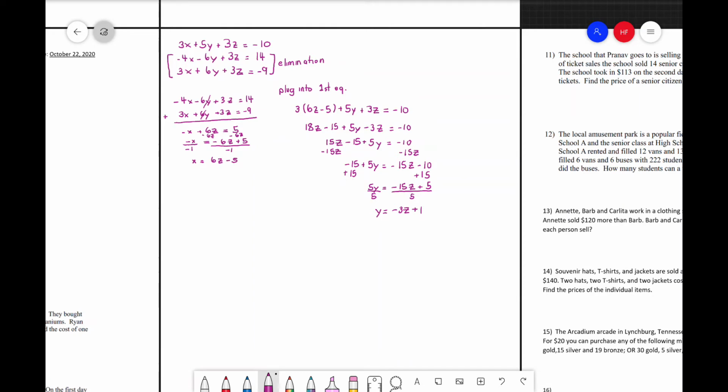So now I see that I have x and y in terms of z. So I'm going to plug both of these into either one of my equations. It does not matter. I'm going to use the last one since it has all positives. It doesn't matter though.